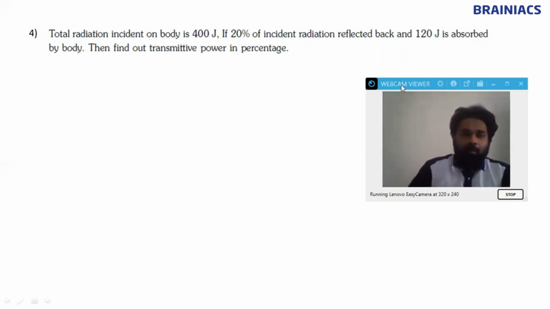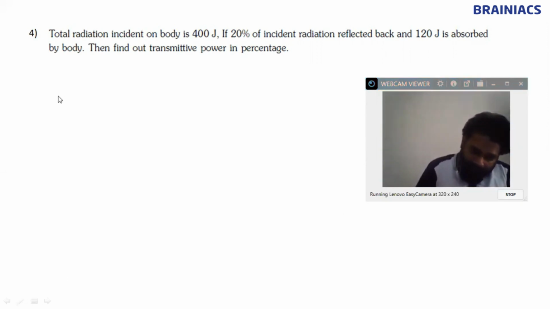Transmittive power means how much percentage of radiation is transmitted. Q is equal to, already we have studied this, the quantity of radiation absorbed plus the quantity of radiation reflected plus the quantity of radiation transmitted.